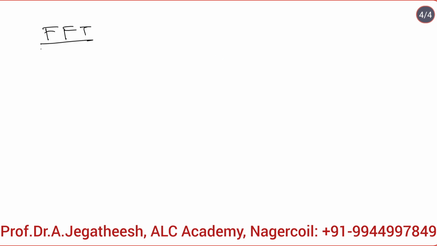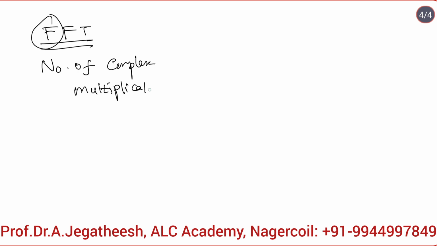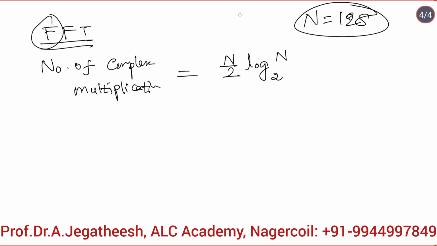Next, we will discuss FFT. Fast Fourier transform, as the name indicates, has a very small number of computations to find the discrete Fourier transform. First we will discuss the number of complex multiplications. The formula will be N by 2 log N to the base 2. We have considered N is equal to 128.